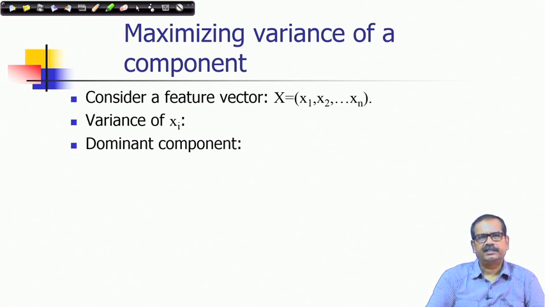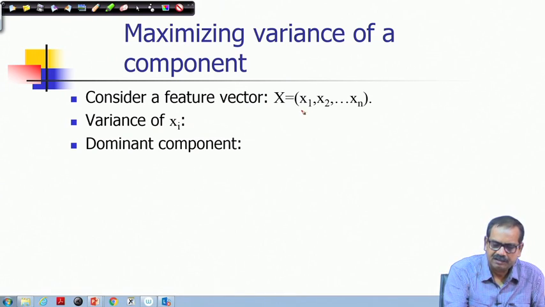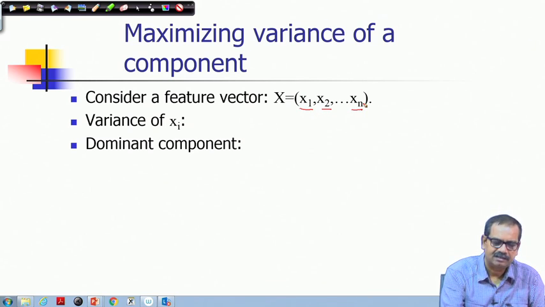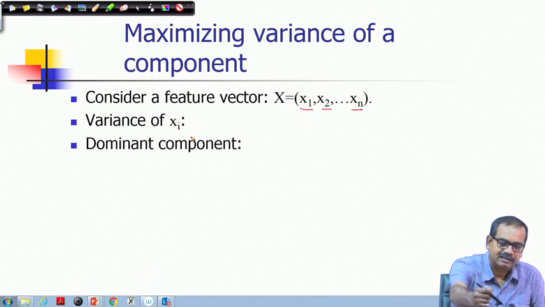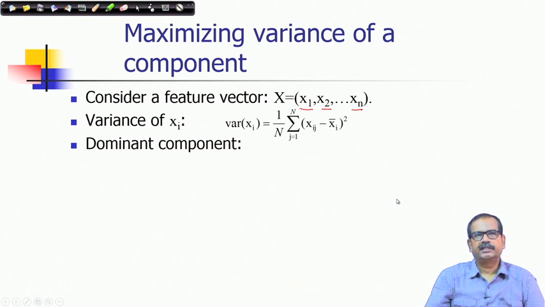Let me explain that. You consider a feature vector representation of the data point x, and since it is represented in n-dimensional space, we have n components or n fields of the vector, which is shown here as x1, x2 to xn. This is the convention we are using for representing data. Now, the variance of a particular component, say the ith component xi, is defined using this mathematical expression.